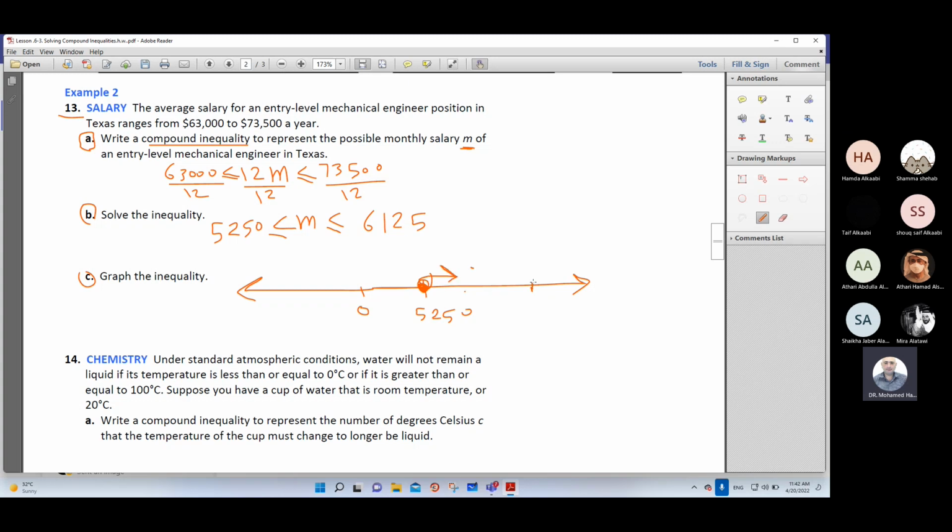And suppose here 6,125. Also we have equal in the sign, so also use a shaded circle, and m less than means to the negative side.